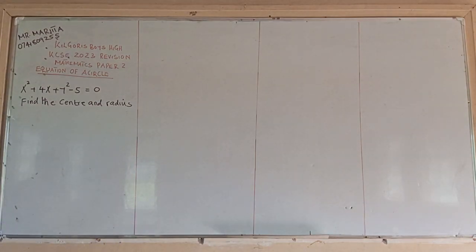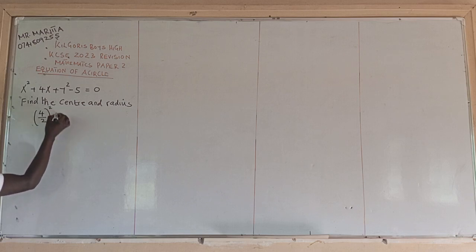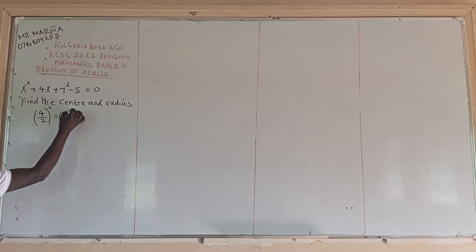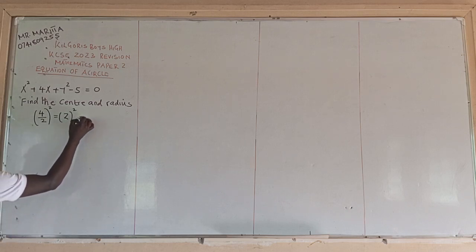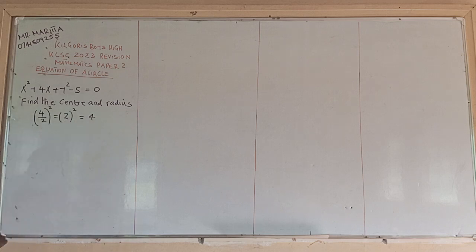Using the completing square method, I want to give a very short, simplified method. We take the 4x, take the coefficient of x, which is 4, divide it by 2, and then square it. This gives us 2 squared, and you know that 2 squared is equivalent to 4.